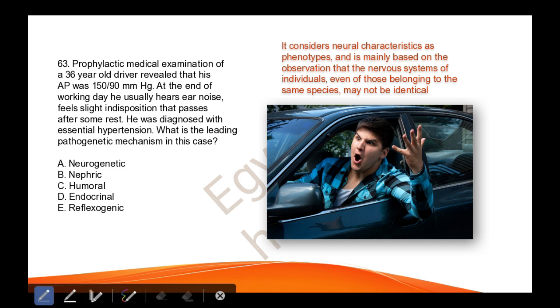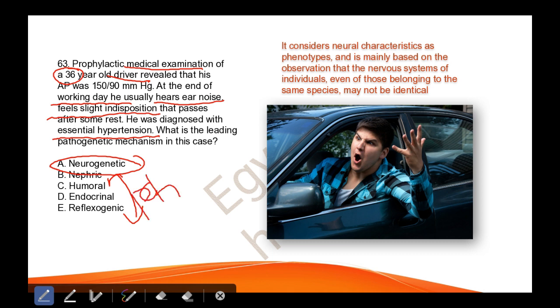Here in this question, we have a medical examination of a 36-year-old driver who, after the working day, hears ear noise, feels indisposed, and was diagnosed with essential hypertension. So the pathogenic mechanism is neurogenic. Why is it none of these? Because these are physiological types of mechanism, reactions to this stress.